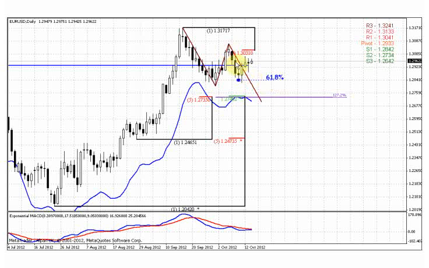And since we have seen this pullback from the 618 target of that ABCD pattern, we said, okay, that is possible, it's normal, since even after hitting just a minor target, the market could show some pullback. But this pullback should be small, because if the market exceeds this resistance from that swing, that will be too much for just a 618 extension.